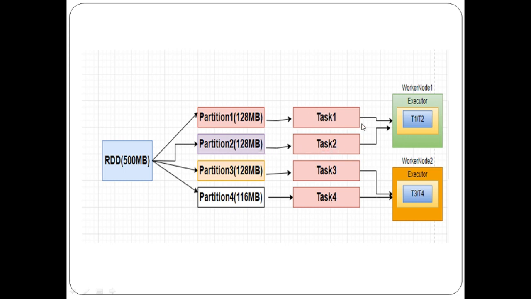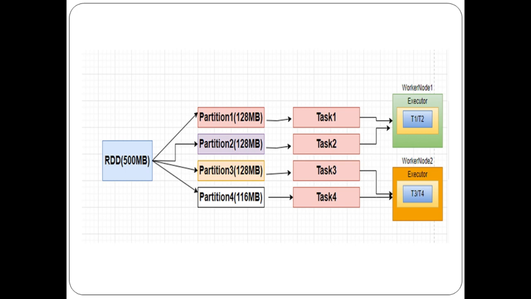These tasks will be executed in worker node one by one executor. Like that, the remaining two partitions will be divided as task 3 and task 4, and these two tasks will be executed by the executor in worker node 2.